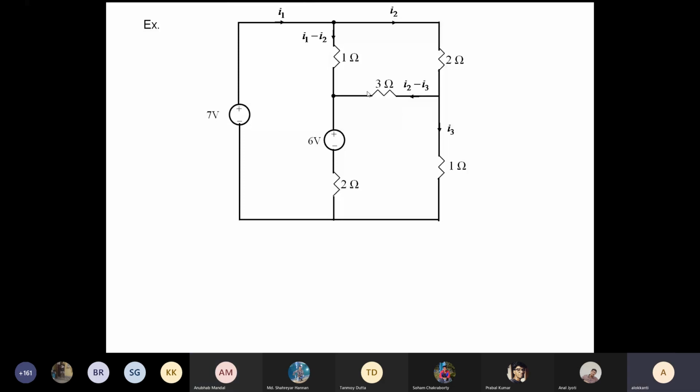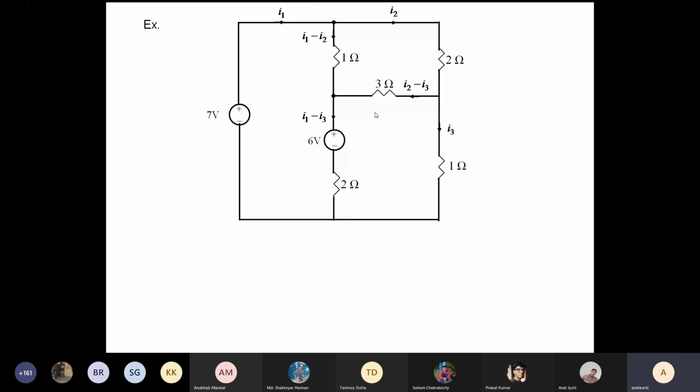So at this node, what is happening? From one side, the current is I1 minus I2. From the other end, the current is I1 minus I3. So if you apply KCL here, you get I1 minus I3. So now we have got the currents in all the branches.